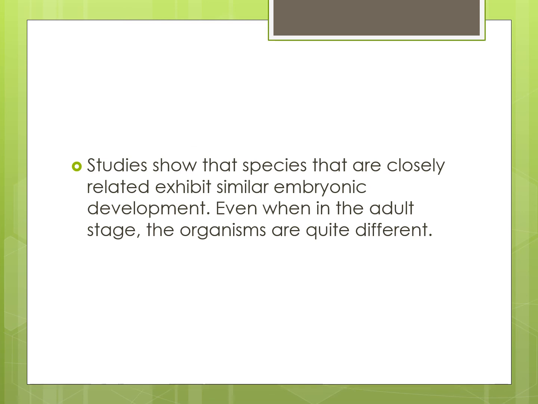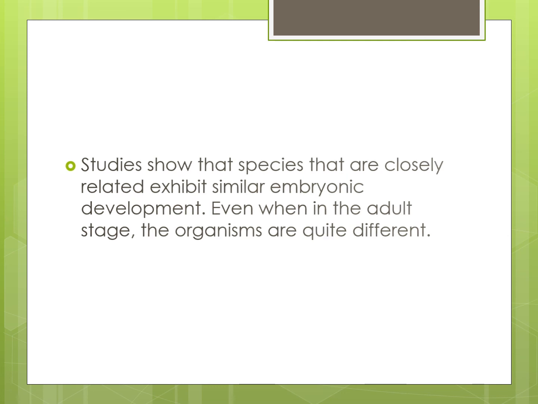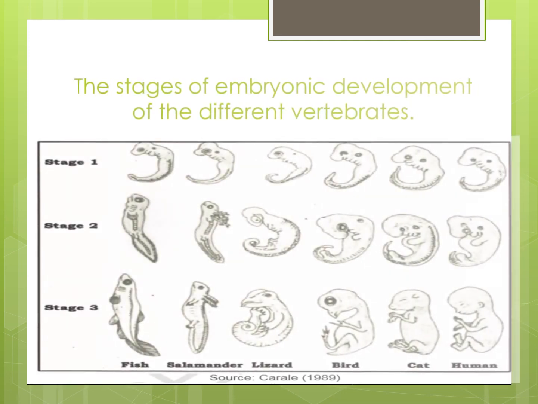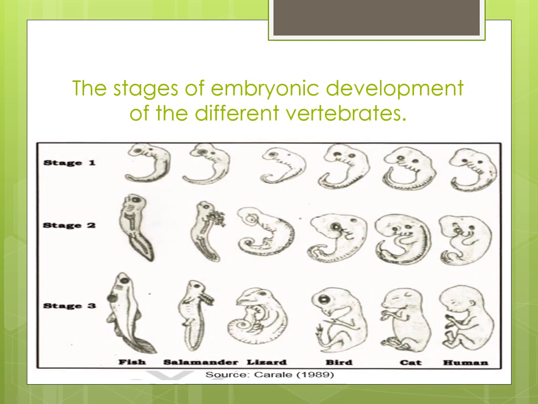Studies show that species that are closely related exhibit similar embryonic development. Even when in the adult stage, the organisms are quite different. The stages of embryonic development of different vertebrates.